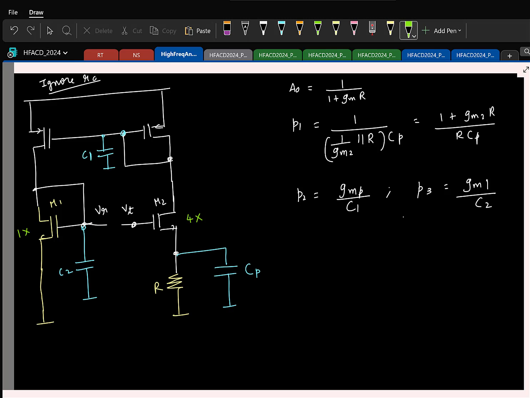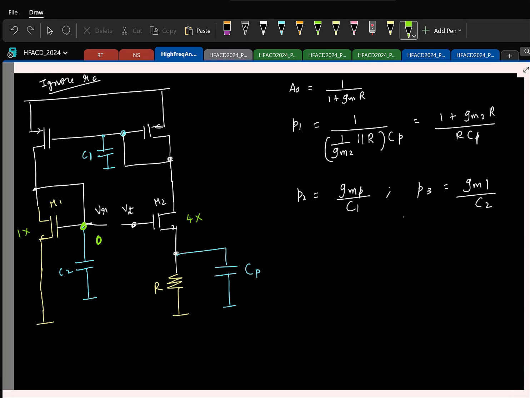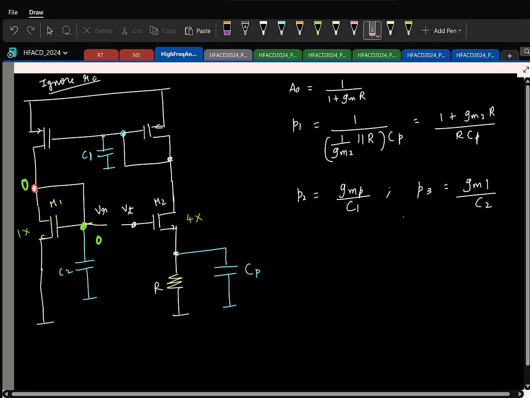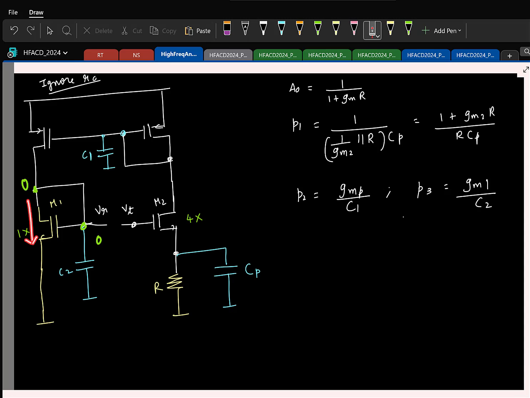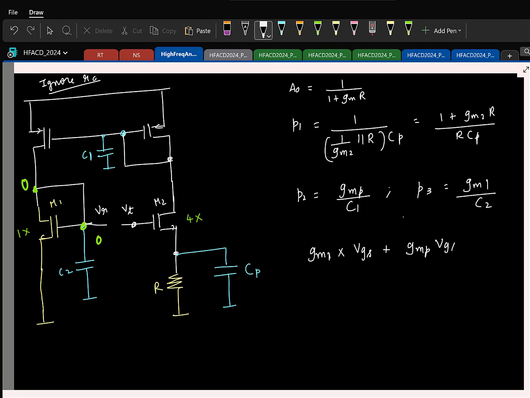Okay, so we'll assume, as usual, that the output is 0. If you apply KCL at this node, we have gm·VGS of this transistor plus gm·VGS of this transistor, both of them adding to be 0. Let me write it: gm of M1 times VGS plus gm of the PMOS times VGS.